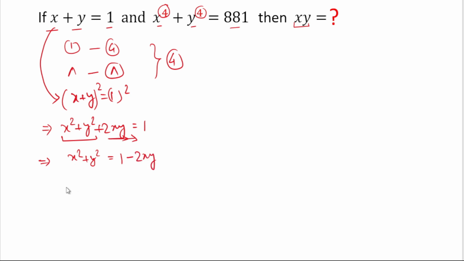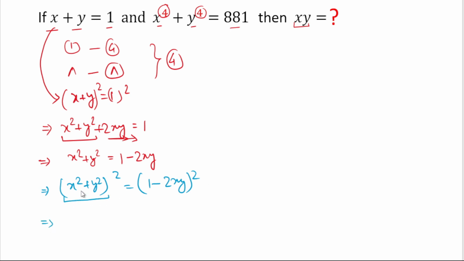So friends, we'll square again. We'll square this equation and it will be x square plus y square whole square, and on the right hand side 1 minus 2xy, squared again. Now it is again in the form of a plus b whole square.